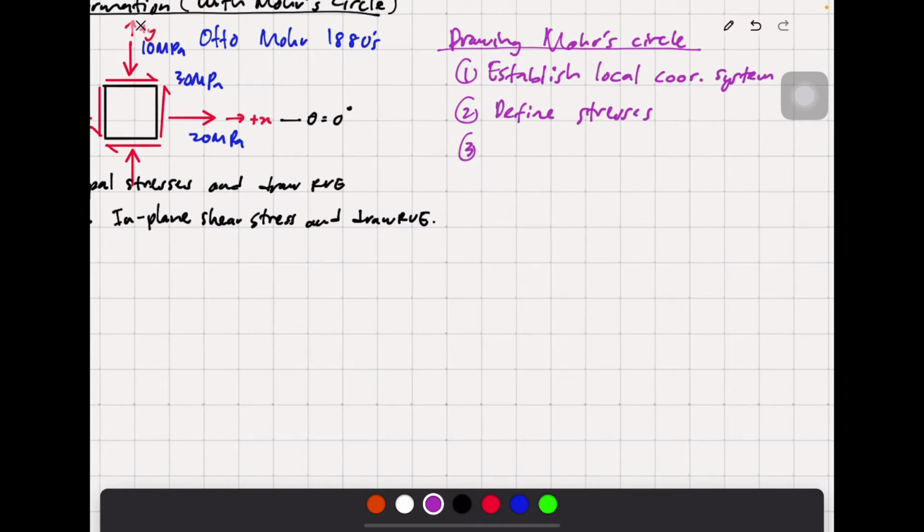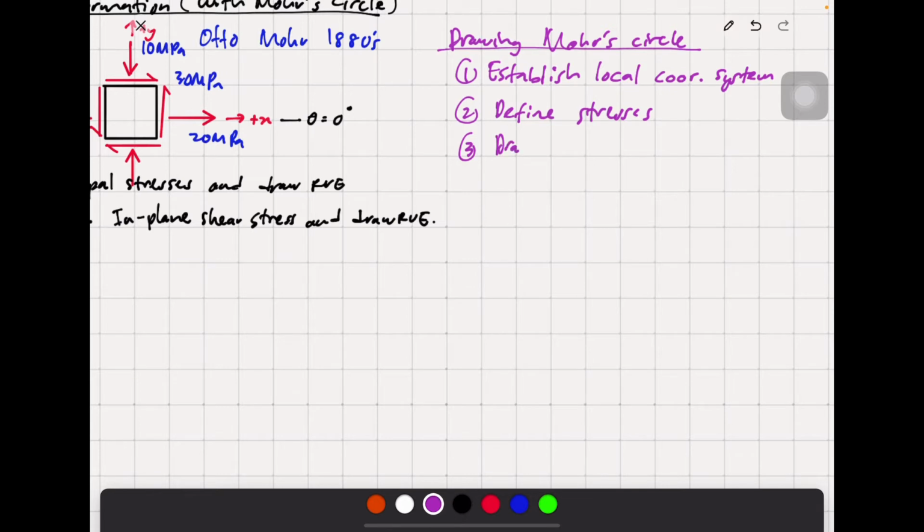You're going to do the same thing, identifying x, y, and z, the stresses in that direction, as well as the shear stress from our stress element.